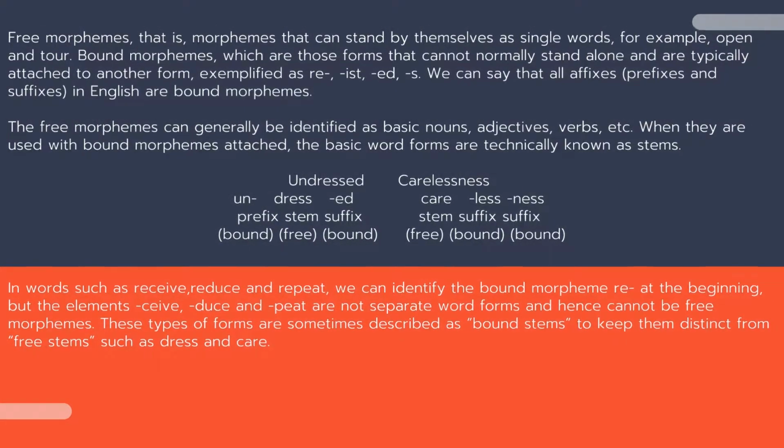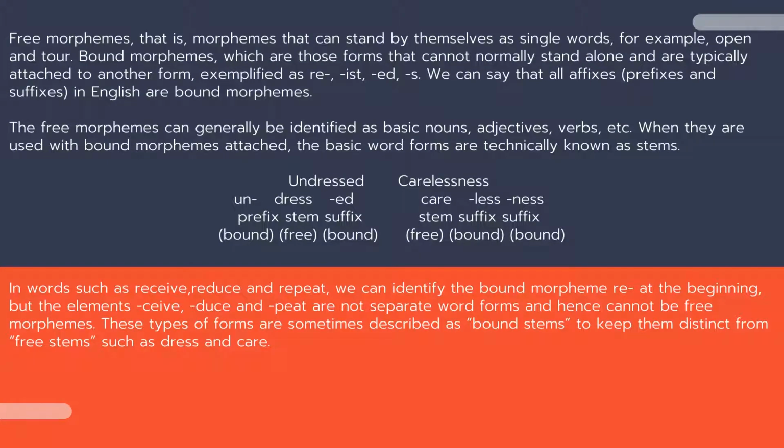The free morphemes can generally be identified as basic nouns, adjectives, verbs, etc. When they are used with bound morphemes attached, the basic verb forms are technically known as stems.